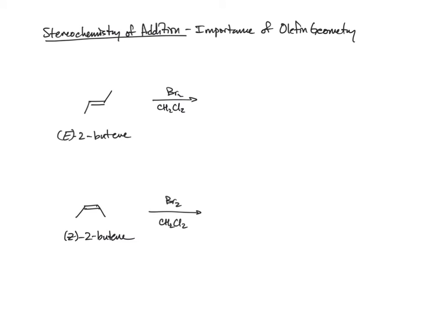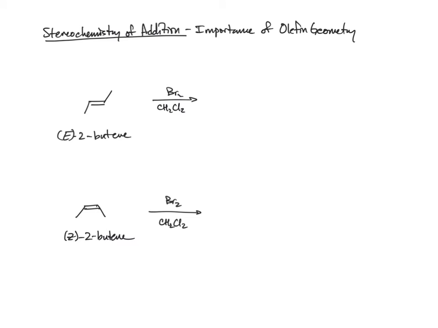Now what I want you to do on this slide before I write anything down is to consider the mechanism you just saw for bromine adding to the alkene. But now we have two alkene geometrical isomers.